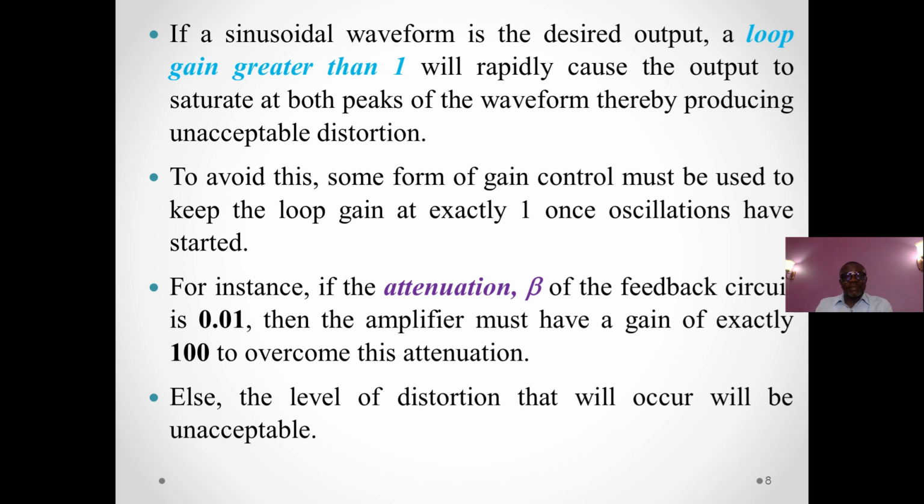To avoid this, some form of gain control must be used to keep the loop gain at exactly 1 once oscillations have started.